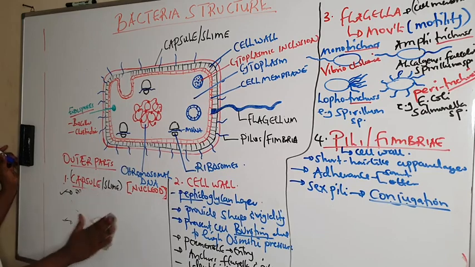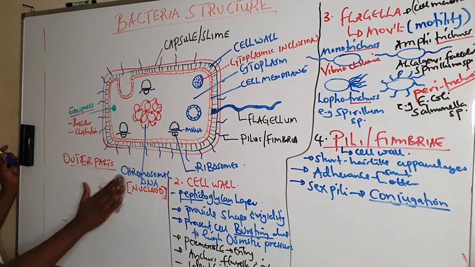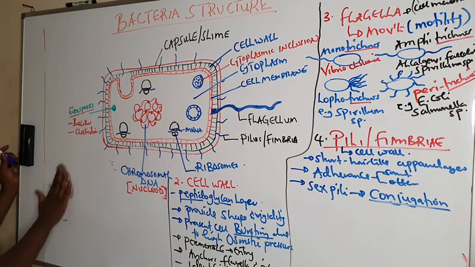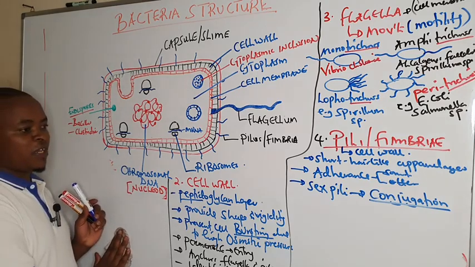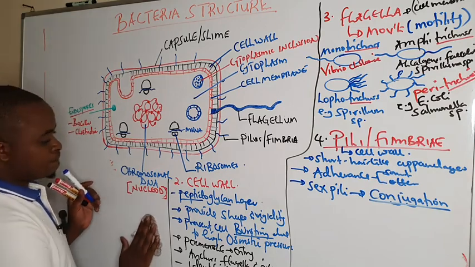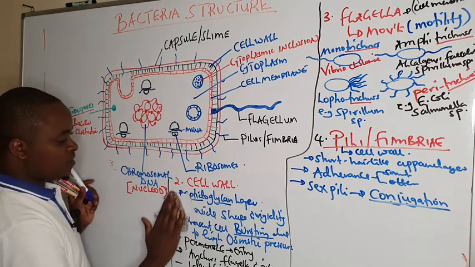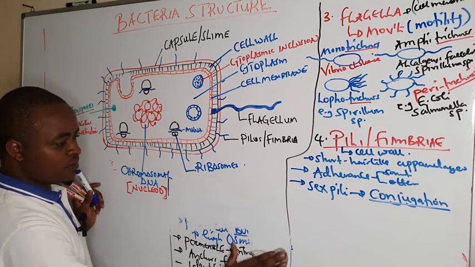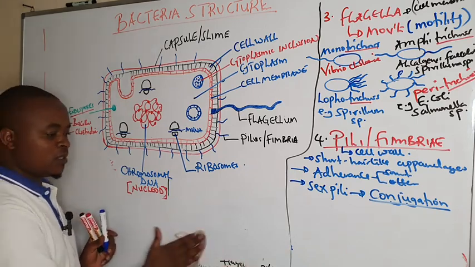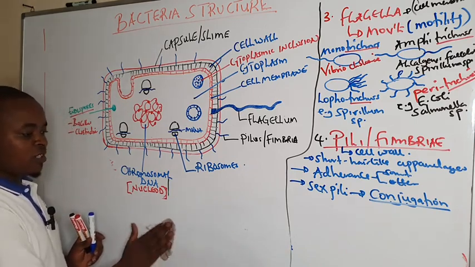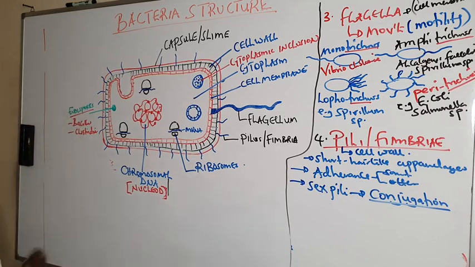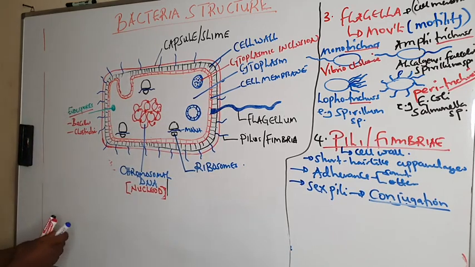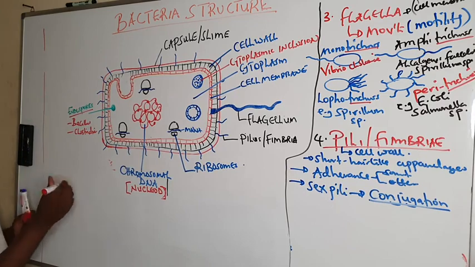Within the cytoplasm, we are going to see different parts like the plasmid, the ribosome, the inclusion bodies, and so forth, as we are going to discuss. So we are beginning with the inner parts.